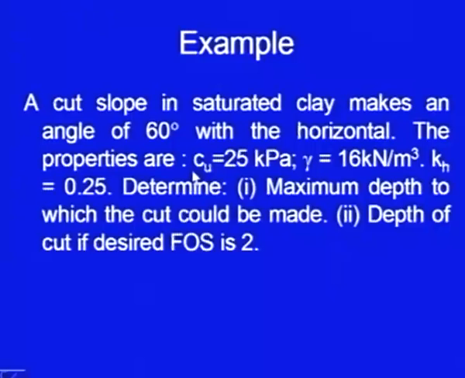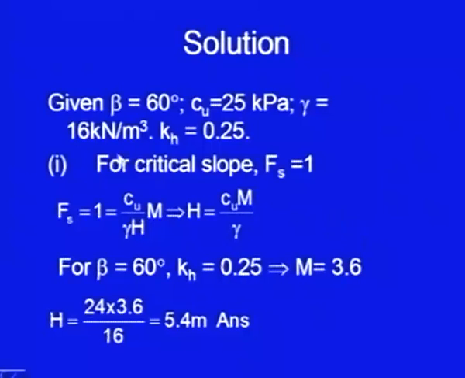The properties are Cu equal to 25 kPa, gamma equal to 16 kilonewton per meter cube, Kh is given now 0.25. Determine the maximum depth to which the cut could be made and the depth of cut if the desired factor of safety is 2. So, now given beta is equal to 60, Cu is this much, these are the parameters given.